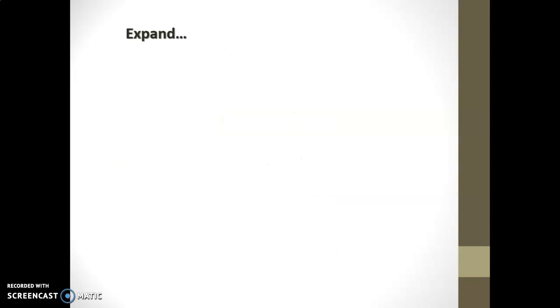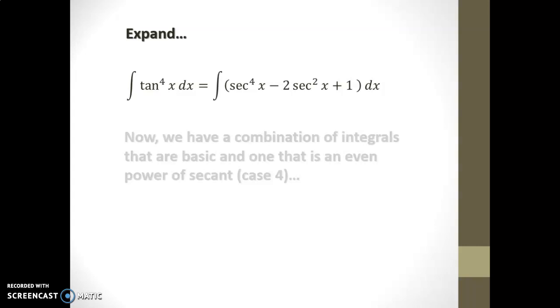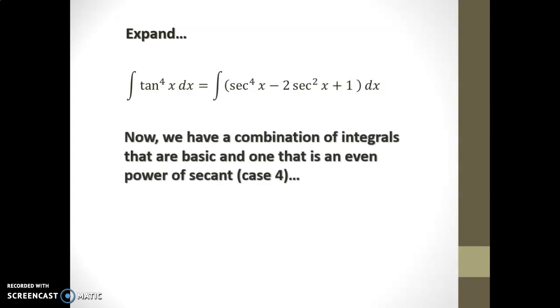Then, expand this binomial term into secant x to the power 4, 2 secant square x's, and 1. The last two terms are actually basic, and the first one is an even power of secant, which we have discussed in case 4 itself.